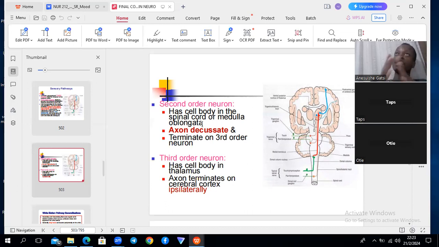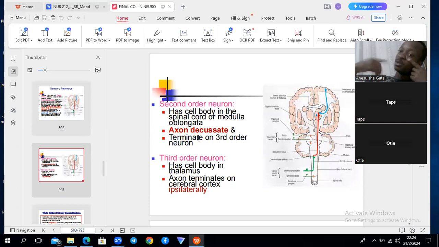By cross, remember the last time I said that the right brain controls the left body, and the left brain controls the right body. So when you have a sensory impulse moving, it has to go to the opposite side. So it is the second order neuron that is going to do that.